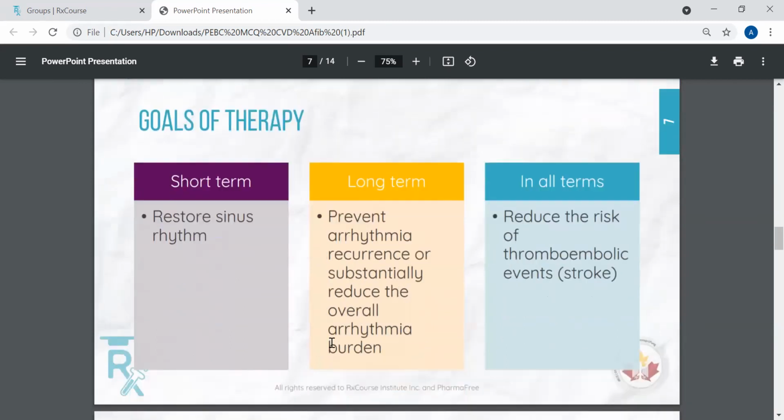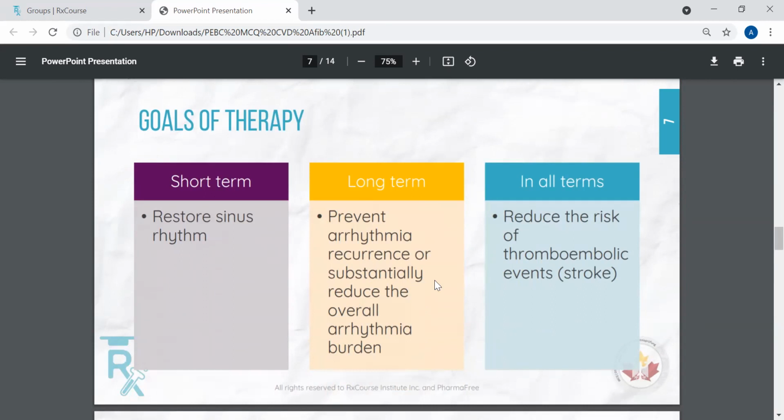What are our goals of therapy? In the short term, if it's not chronic or permanent, we need to restore the sinus rhythm. We said that in case of permanent, we don't care about restoring sinus rhythm.